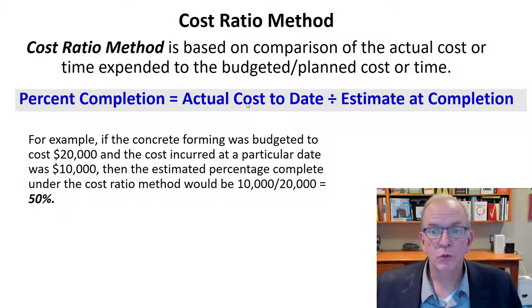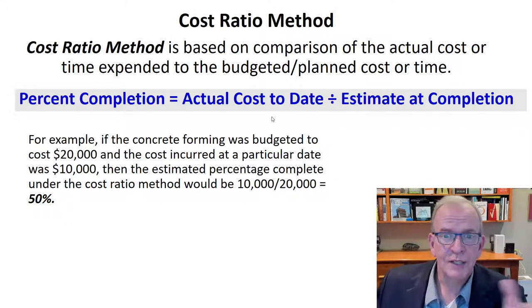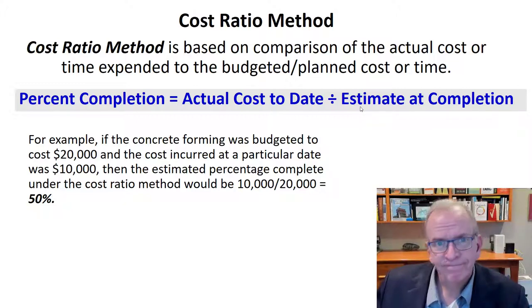We've got our actual cost to date divided by our estimate at completion. That's giving us the percent that we've actually completed it. If it's actual cost to date and we compare it to our budget cost, so let's say this example here, $10,000 divided by 20,000 equals 50%.